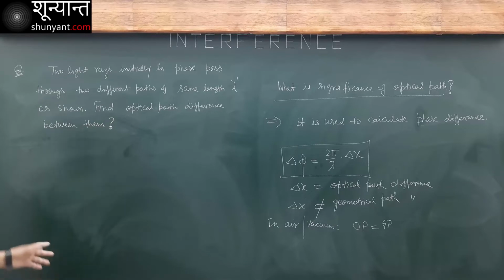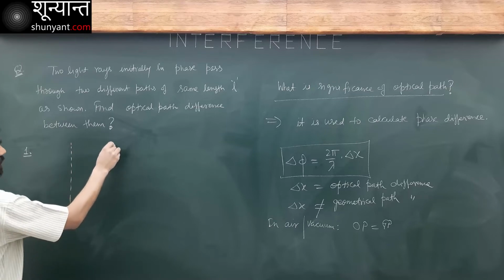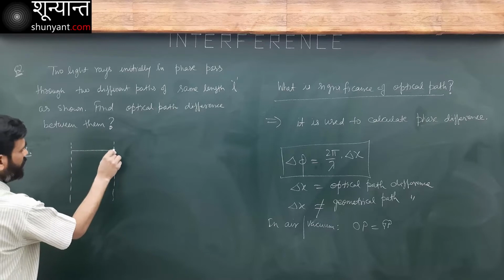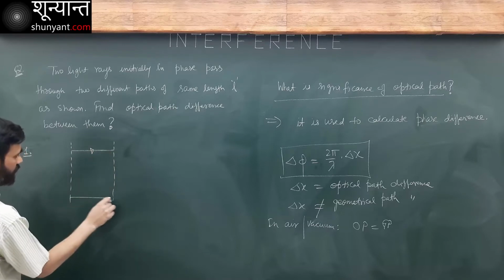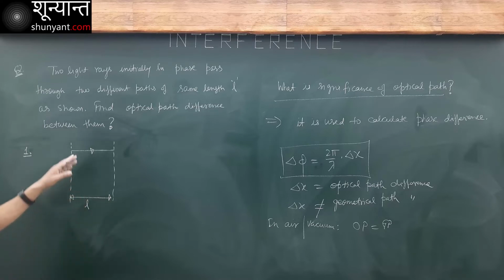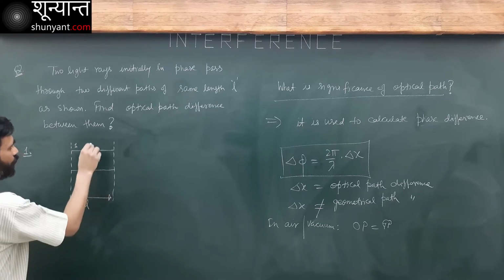Okay, let's see the first case here. I have this L length here. This is the first path, and this distance is L. I have two different paths. This is the first light, and this is the second light. Both are in air.